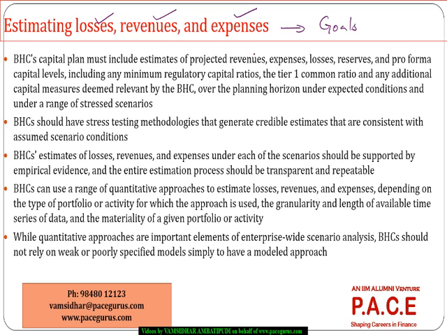How the revenues are going to be estimated, how the expenses are going to be estimated, how the losses, how do you compute the reserves, right? What are the pro forma capital levels? What are the minimum regulatory capital ratios that we are going to maintain? What is the tier 1 common ratio, capital ratio that is going to be maintained? Any kind of capital measures, how are we estimating all these things over the planned horizon?